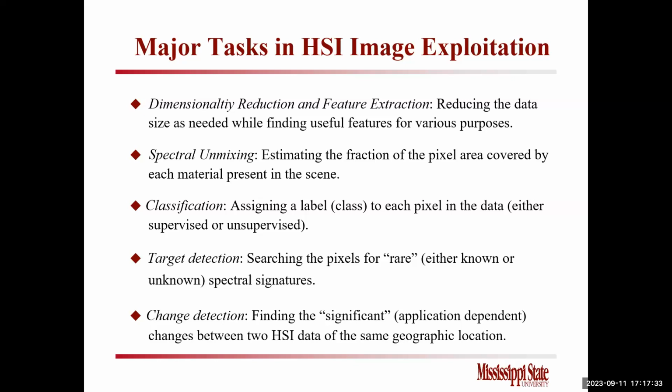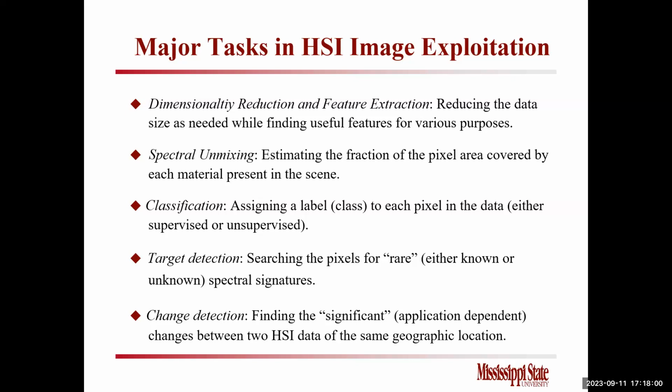Then for target detection, this is to detect a very small number of pixels to say if they belong to the target or to the background. In this case, we do not assume we have training samples for background or for target.